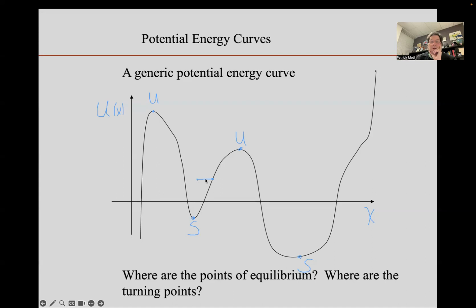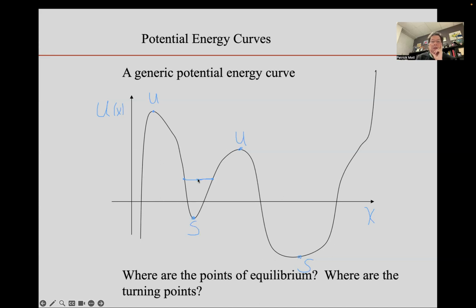So the particle would go to the right. This whole time the slope is positive, so it's feeling a force to the left. It's going to slow down, slow down, slow down, and then it reverses direction if it's a conservative system. And it's going to come back, and now it's going to do the same thing going to the left. Use up all the kinetic energy so that now all the energy is potential.